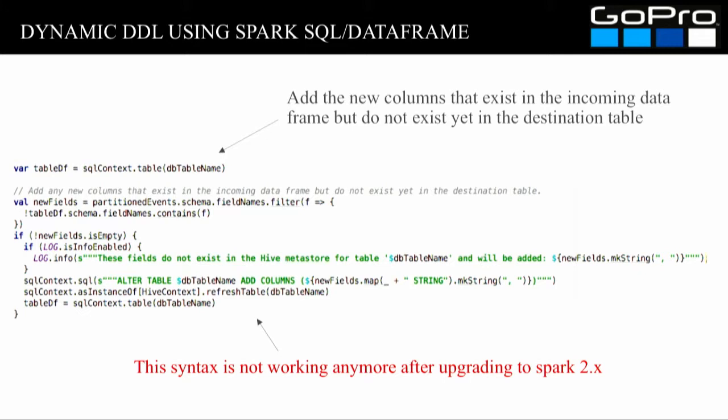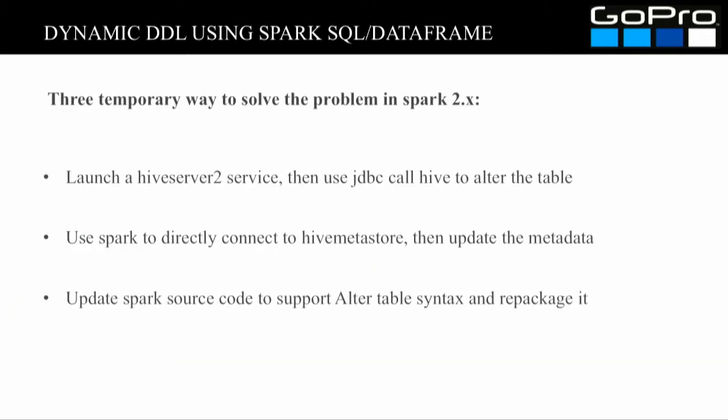I don't know which version of Spark you guys are using, but if you have a similar problem, we have three workarounds to bypass this problem. These are three temporary ways to solve the problem. The first way is pretty obvious. You can launch a HiveServer2 service, then use the normal JDBC to alter your table.